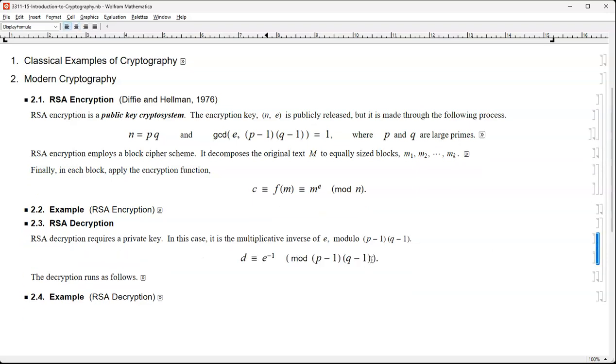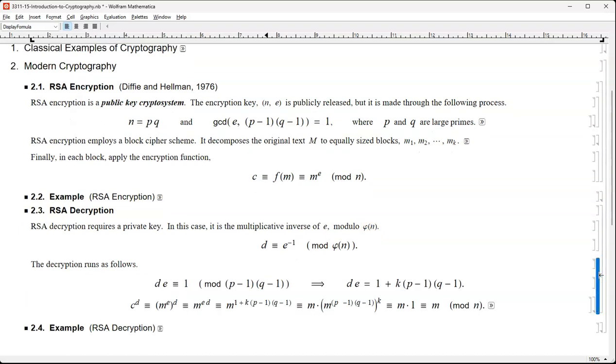So here we go. Let D be the multiplicative inverse of E modulo P minus 1 times Q minus 1, but if you don't like P minus 1 times Q minus 1, you can rewrite it as phi of n. Yeah, on second thought this looks better. Phi of n. And the description runs like this.